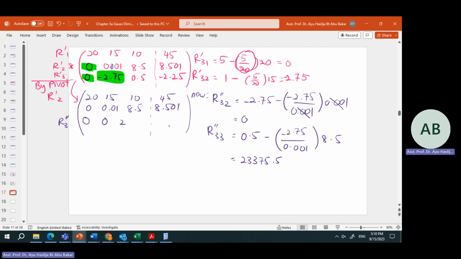Calculate for the R34 here. Same, right? Okay, so here you get the same value.